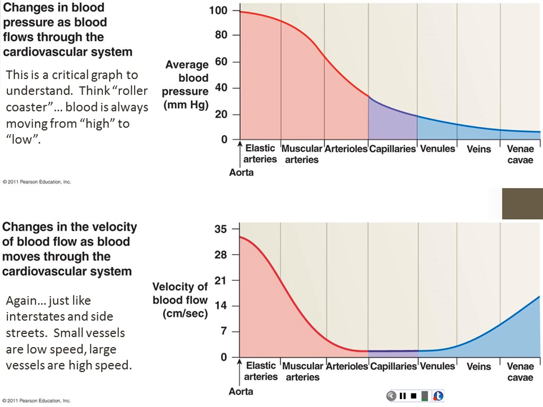And this is an important bit. Most of TPR happens at the arterioles. Remember there's big arteries, medium arteries, small arteries, arterioles, and then capillaries. The arterioles are what we call the resistance vessels in the body. They are the smallest tubes that have control over their size. Capillaries can't change size, but arterioles can, and they do it really, really well.